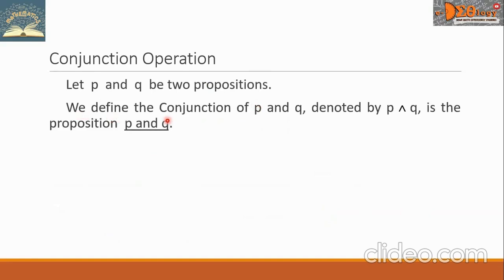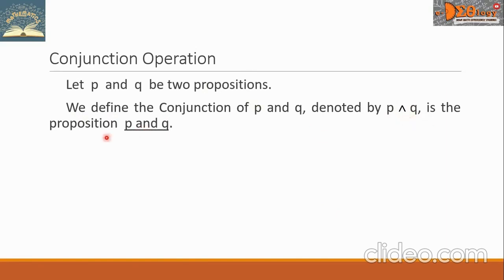Let's have now conjunction operation. Let P and Q be two propositions. We define the conjunction of P and Q denoted by P and Q. We use the symbol inverted V to denote the word and.